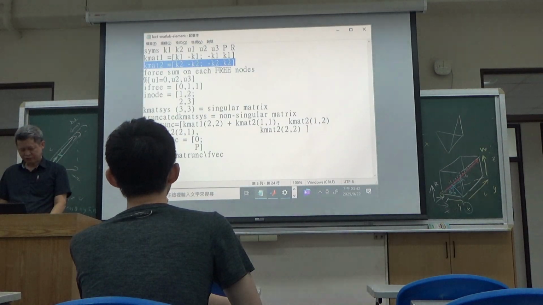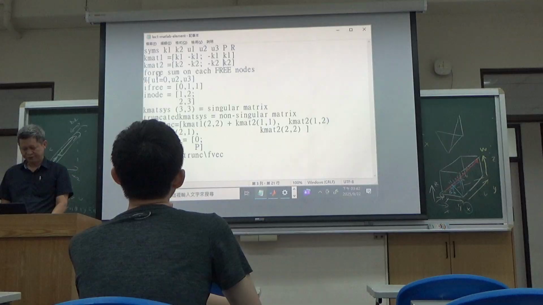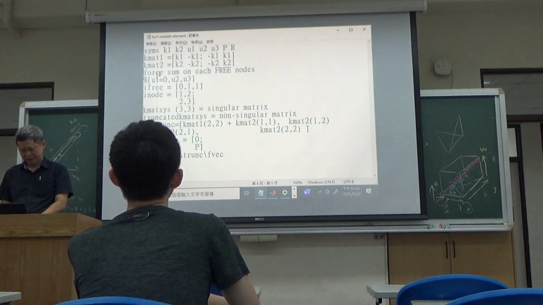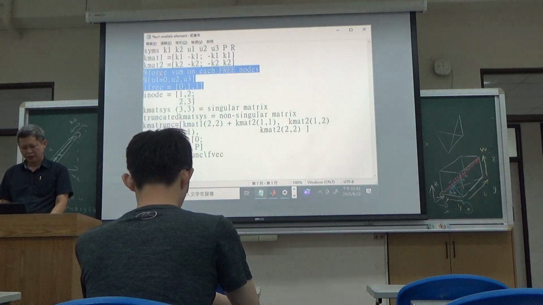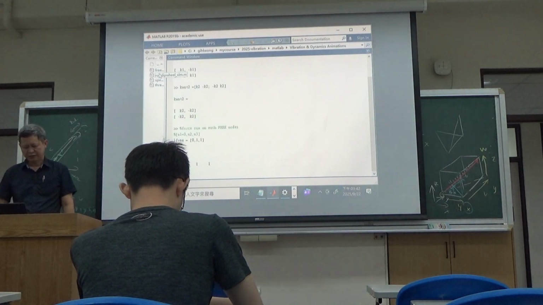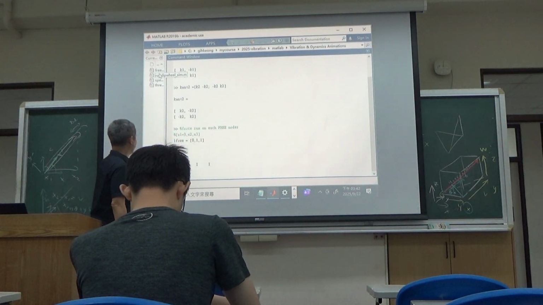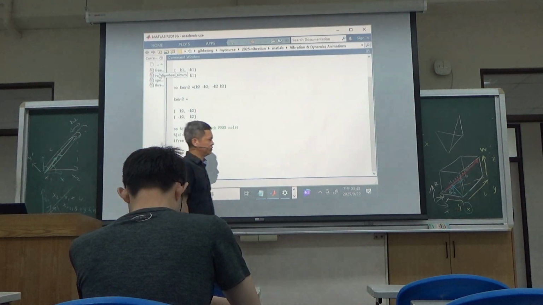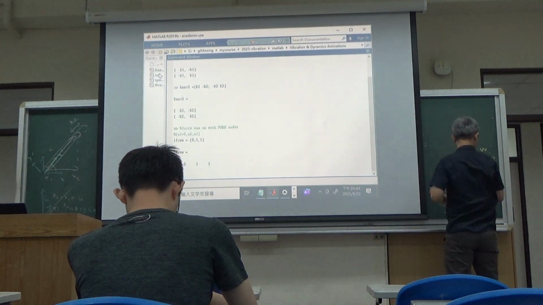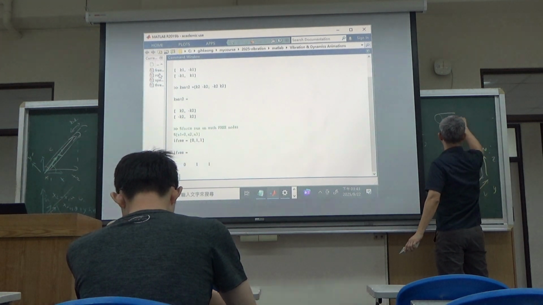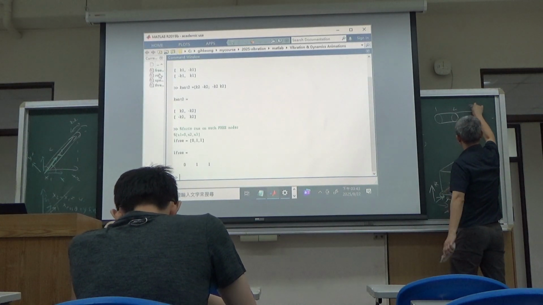Okay. And then the next step you have to define is the force on each degree of freedom. So in this case, what are the boundaries? What are the degrees of freedom? Remember the question we had just now? This is one, two, three.